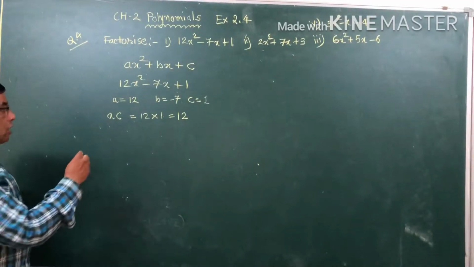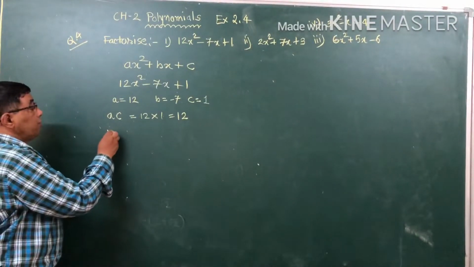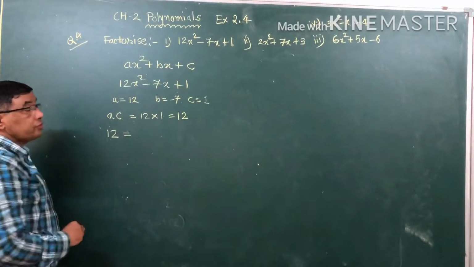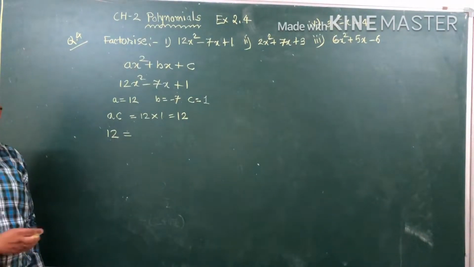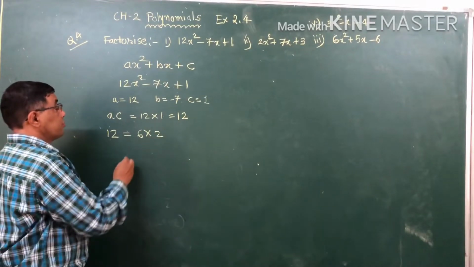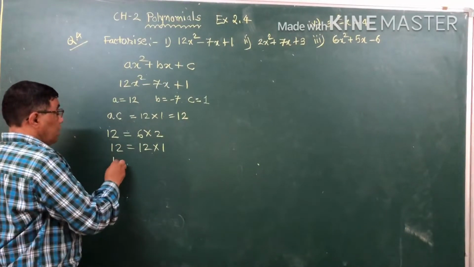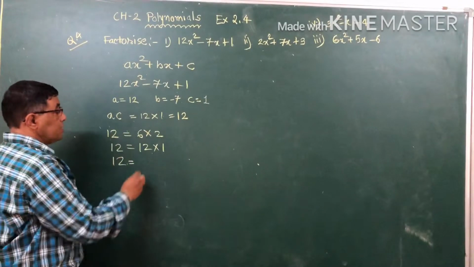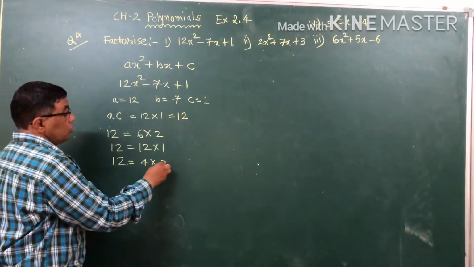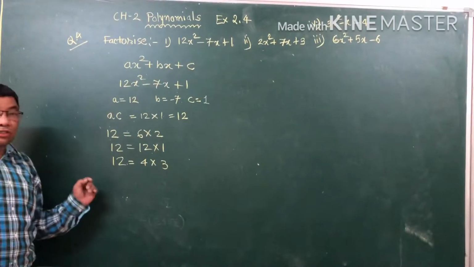So a into c is equal to 12 here. Find the factors of 12. There are so many factors of 12. Someone may write 6 into 2, someone 12 into 1, and next 4 into 3. These are the possible factors of 12.